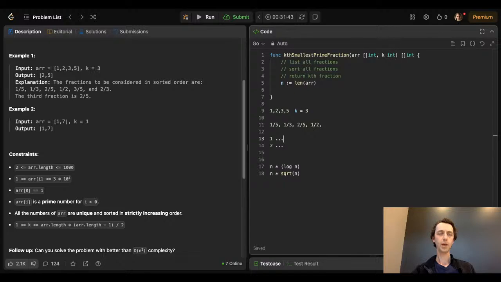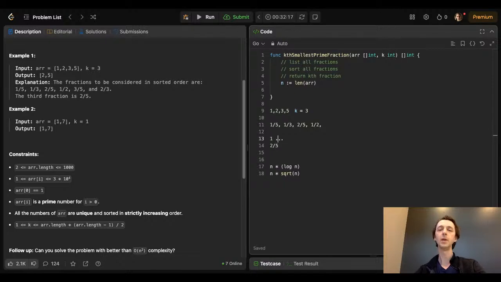Look, I think I know where we're coming. We know what the smallest fraction will be with 2, and that will be 2/5.